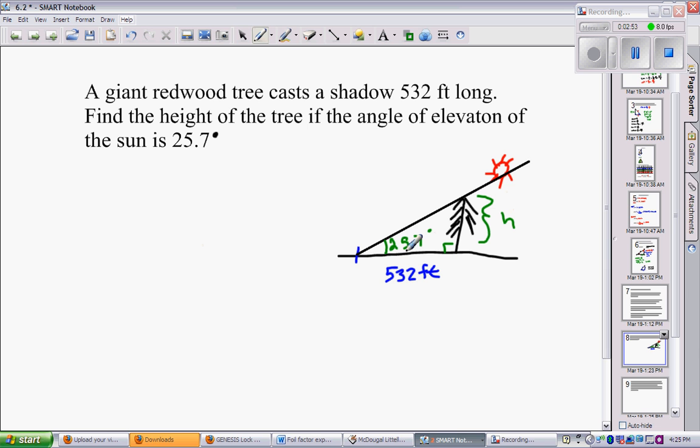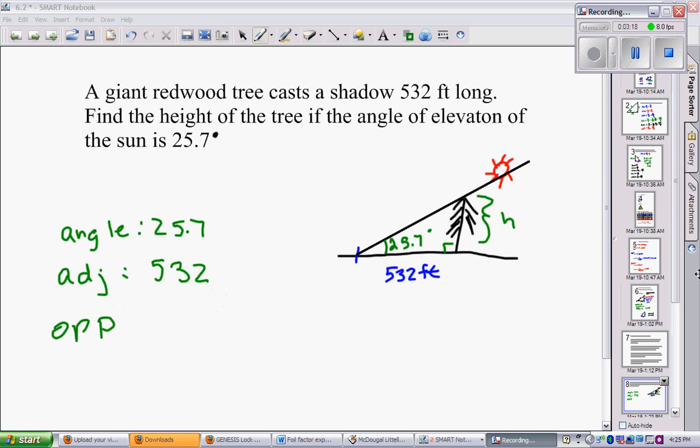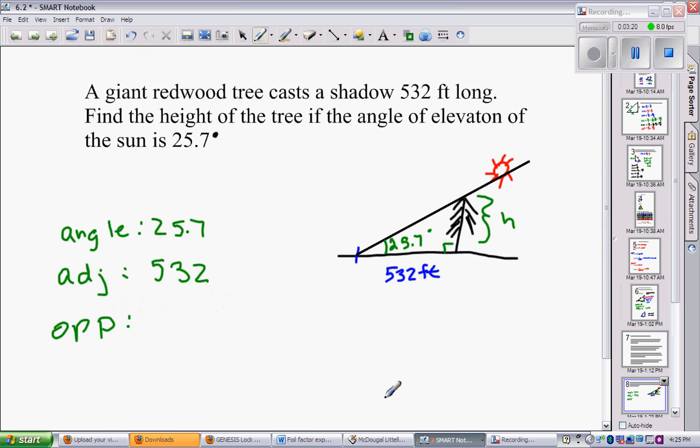So we have the angle, 25.7, and we have the adjacent leg to the angle, 532, and we need to find the opposite.